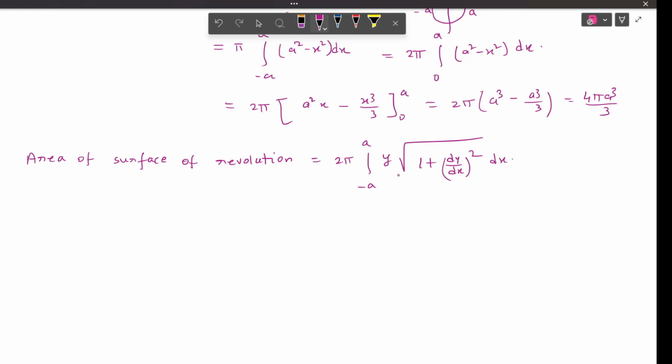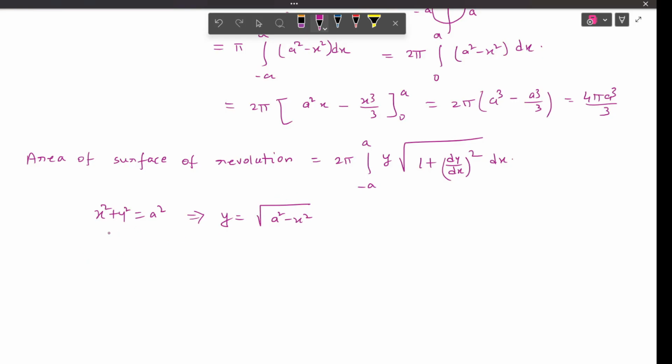Now see, here the graph is x square plus y square equals a square. So this means y is square root of a square minus x square.